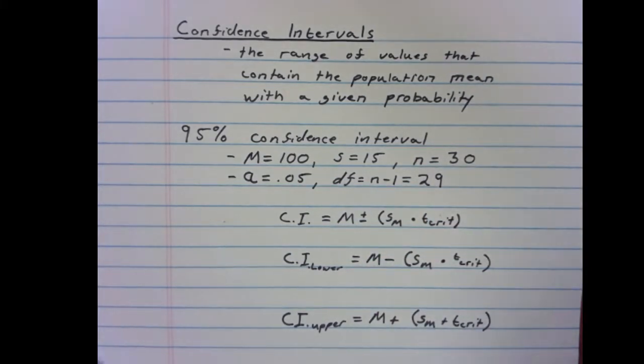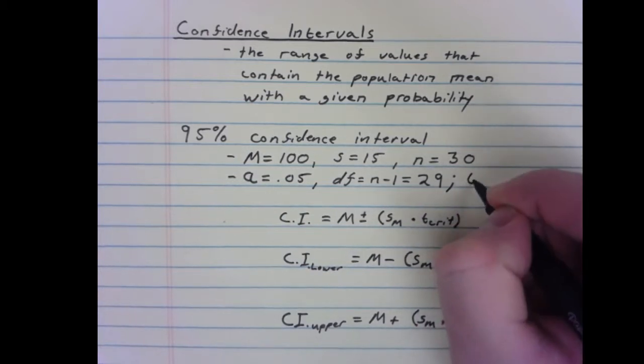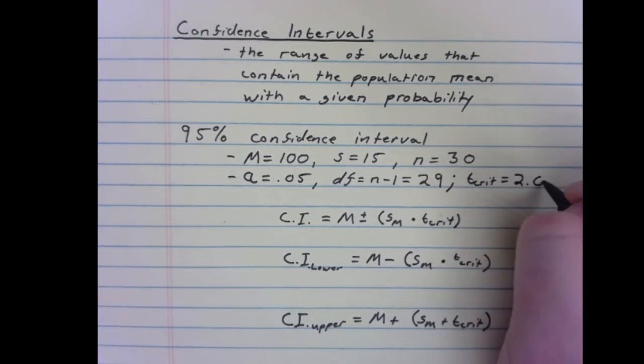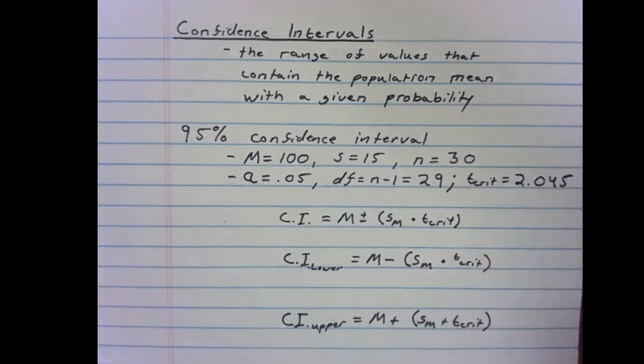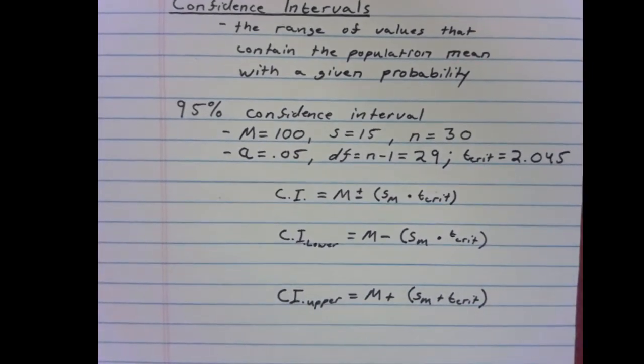So if we look up t-crit in the table in the back of your textbook, what you'd find is 2.045 for this degrees of freedom and this alpha level. Now the alpha is always two-tailed because we're looking below and above. Two tails, two directions.